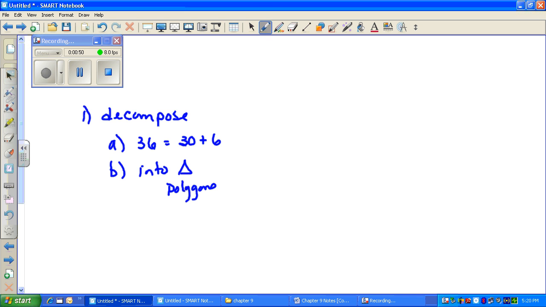A second way that these are related, shapes and numbers, is through subsets. And we looked at this in terms of numbers when we talked about real, rational, irrational.